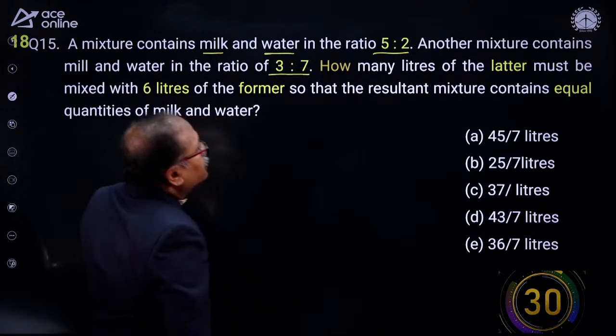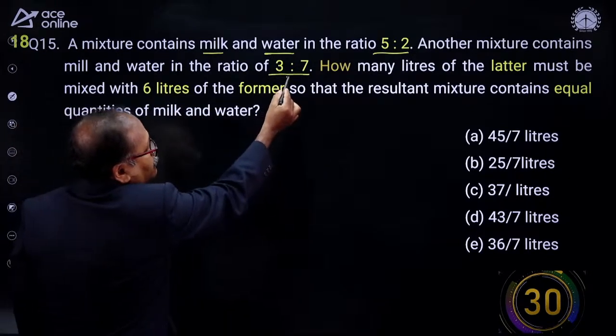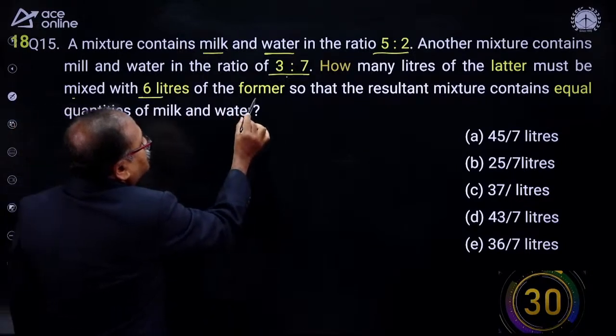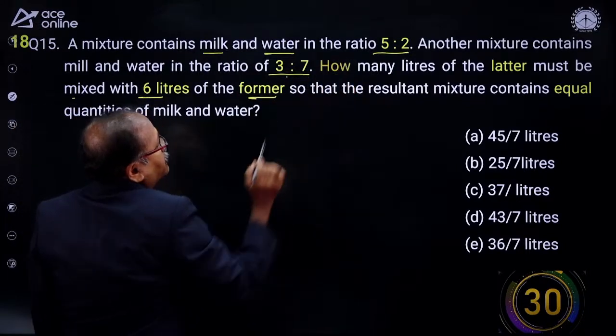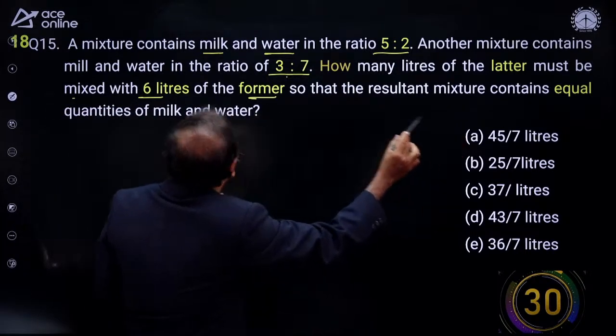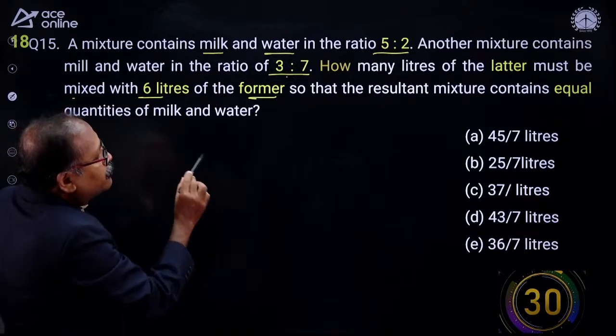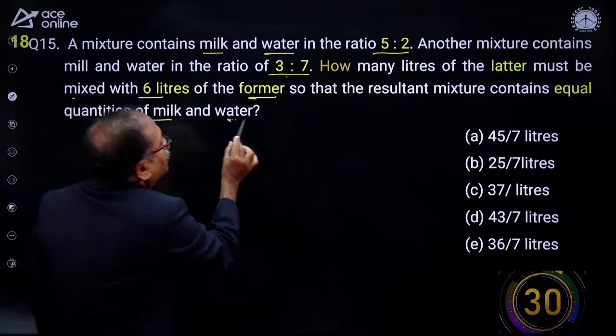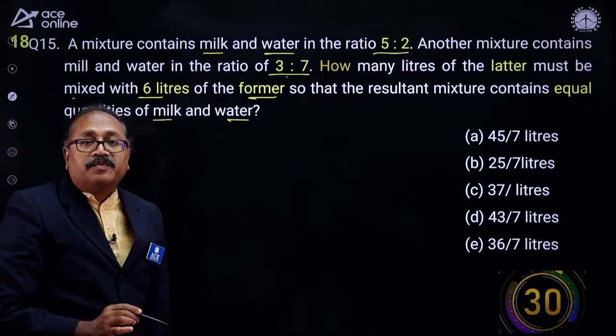Then how many liters of the latter one, so the latter one is this one, must be mixed with 6 liters of the former one? Former one means the first one. So that the resultant mixture will contain equal quantity of milk and water.